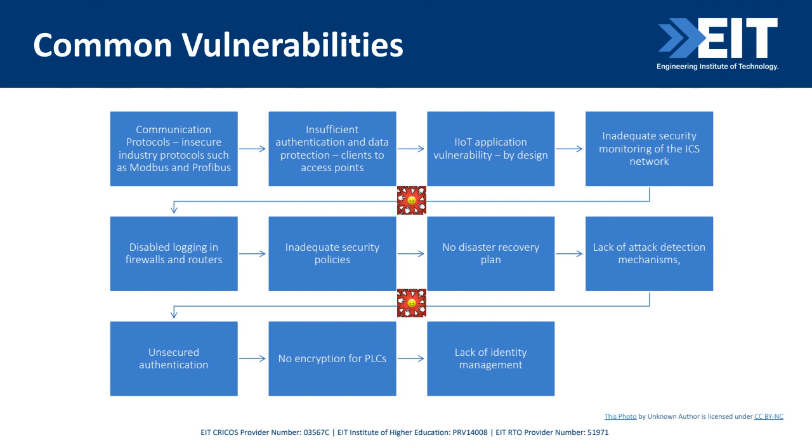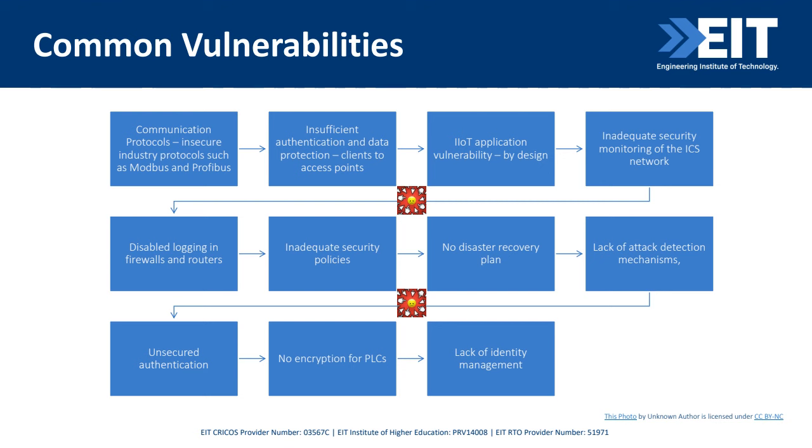Other issues could include disabled logging in firewalls and routers, so you wouldn't know what's going on. You don't want to log everything that's going through your network security control because that's a lot of data to deal with. So you would just flush it at the end of the day because there is no security policy in place, right? There's less governance.